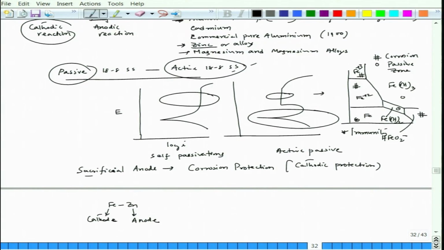If you recall the mixed potential theory we drew two lectures ago, you can see that this condition is holding. We choose one element or alloy from the galvanic series in such a way that the metal which will act as anode should be below the metal we are going to protect, which will act as cathode. This is one such example, and a practical example is galvanization.